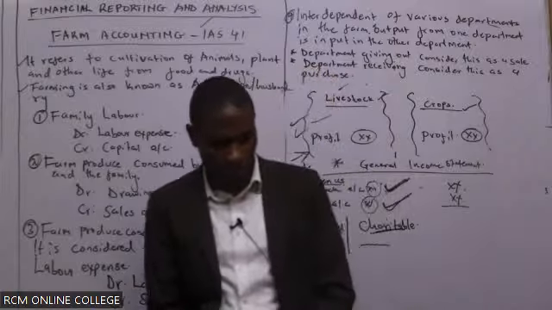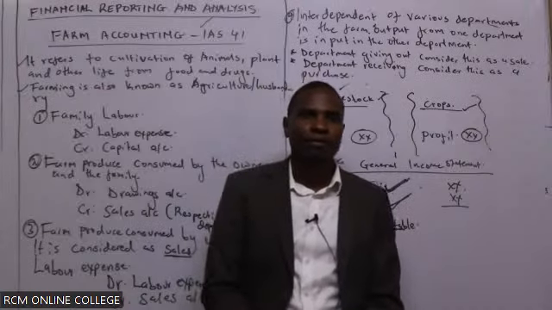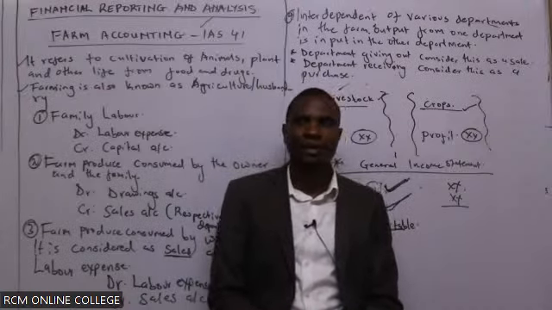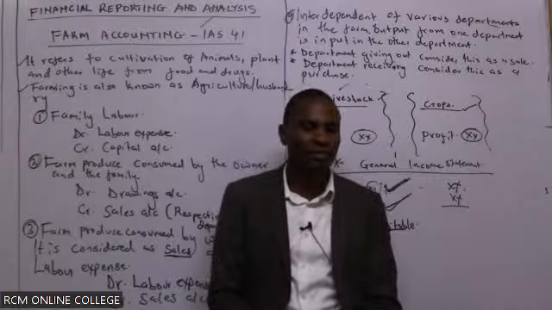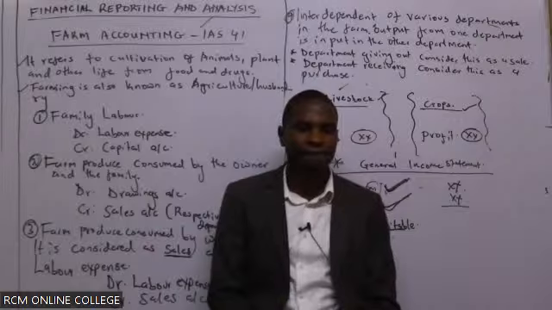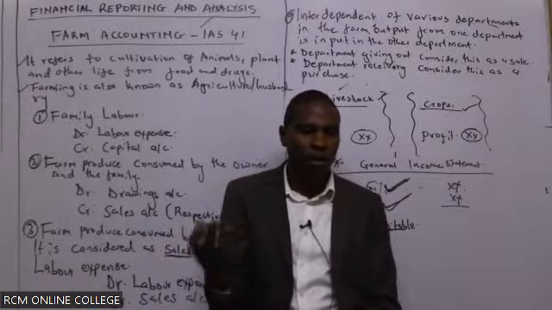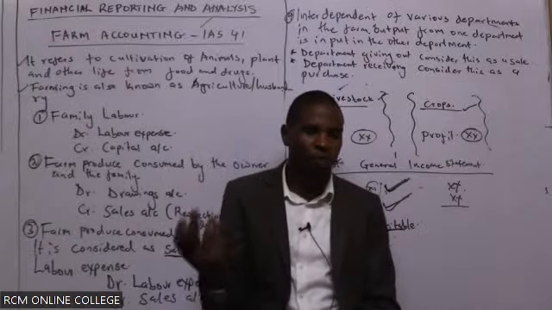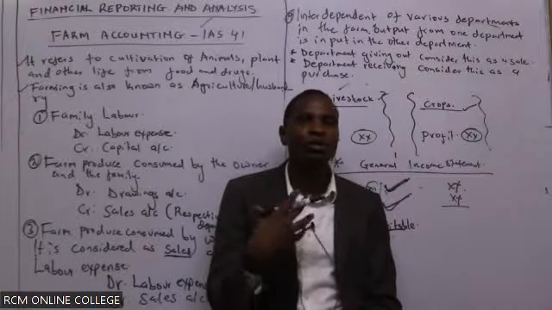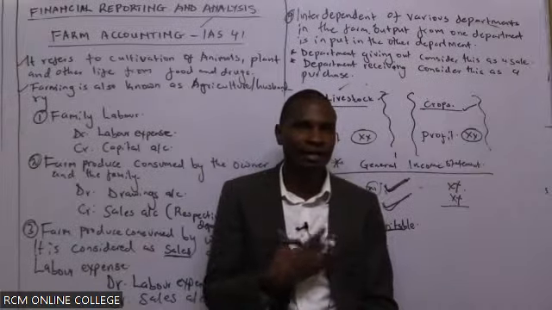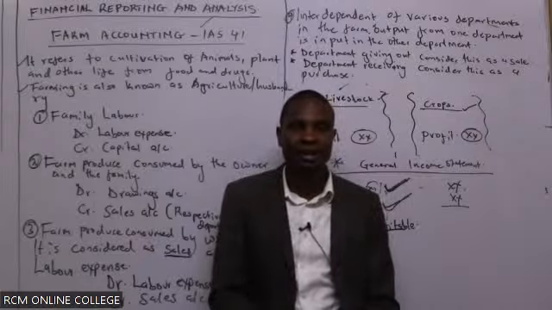For example, you are told there is a cart. What do we call it in Kiswahili now? Mkokoteni, right? These days some are pulled by people, but long ago they were pulled by donkeys, right? That's a biological asset. We treat it as a biological asset. It's a non-current asset, so you record it under non-current assets.